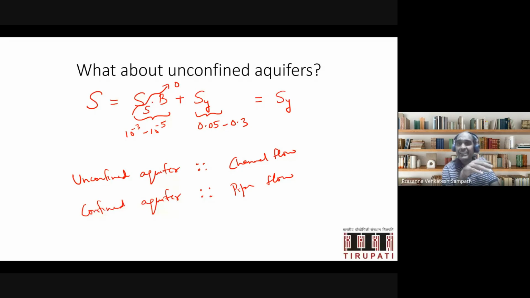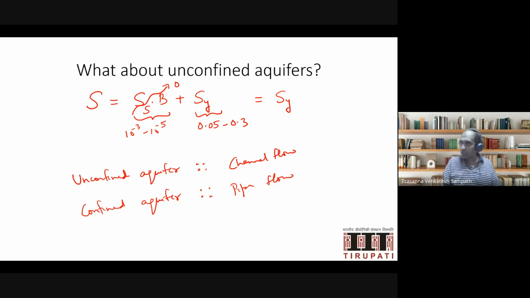Unconfined aquifer is like channel flow, and confined aquifer is analogous to pipe flow, because pipe flow and channel flow you guys understand much better, right? So if there's a pipe flow happening, if I put a hole in a pipe at one point, okay, just imagine this. Suppose I have a pipe which is carrying some water, and I make a hole in one point, okay, immediately at the other end of the pipe, you will start to see a reduction in pressure.